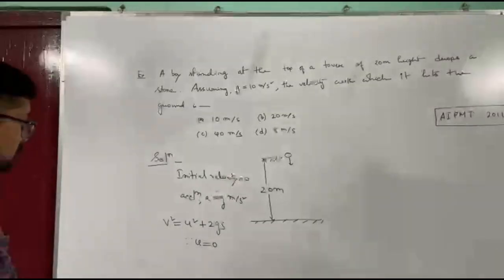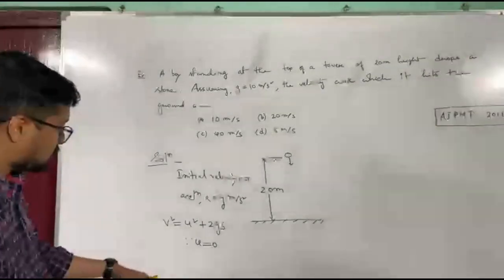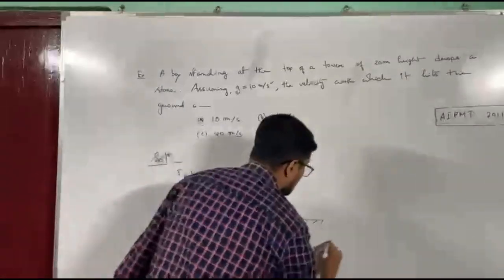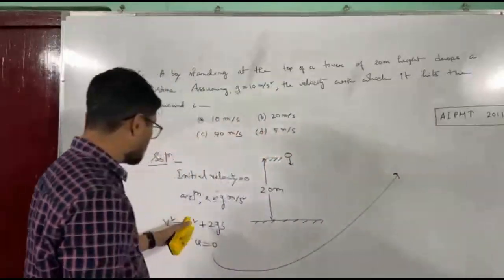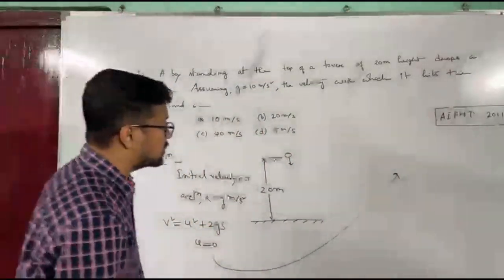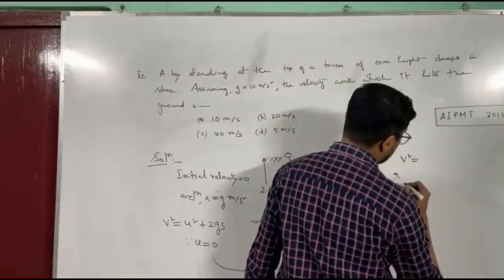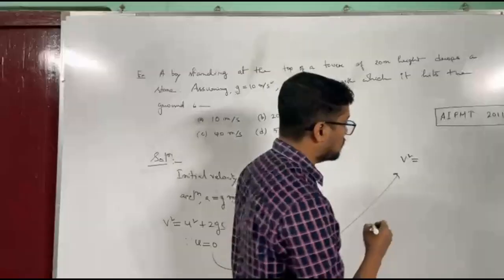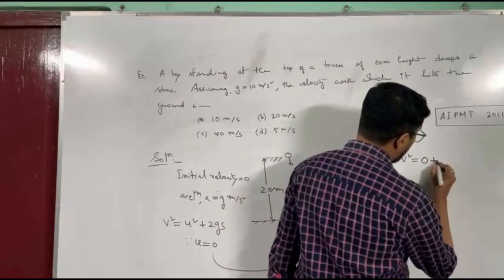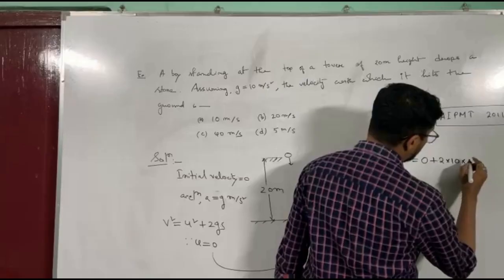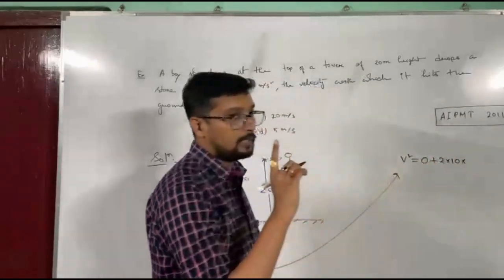Okay, so now since u is equal to 0, we can rewrite this equation like this: v square, since initial velocity is 0, so u square will be 0, plus 2 into 10 into, what is my displacement?